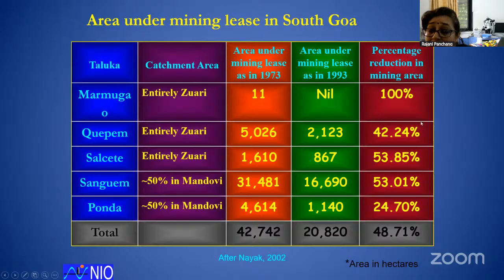This had completely closed down, whereas in Ponda it had also reduced. And 50% of this catchment was also shared by Zuari. So one thing is for sure, that the area under mining lease had reduced.